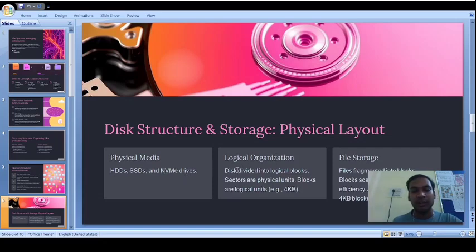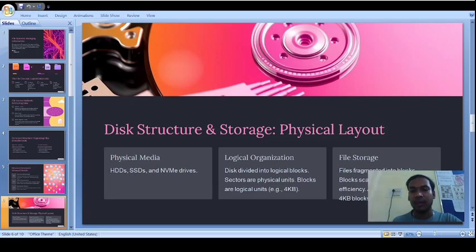Logical organization, where the disks are divided into logical blocks, and the blocks are divided into sectors, which are a physical unit. File storage.